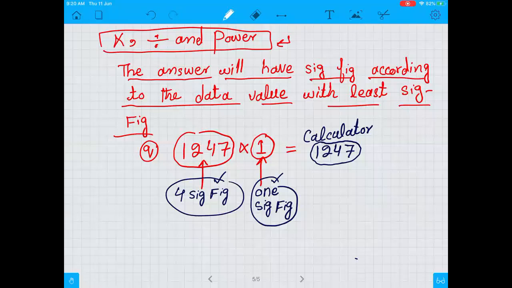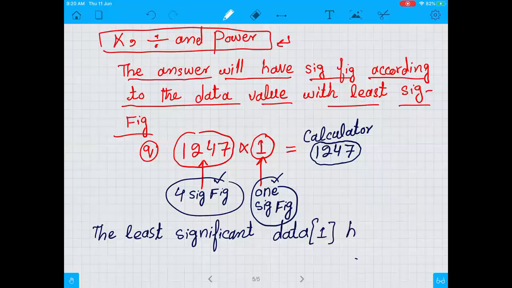So we can say that the least significant data, that is one, has only one significant figure.